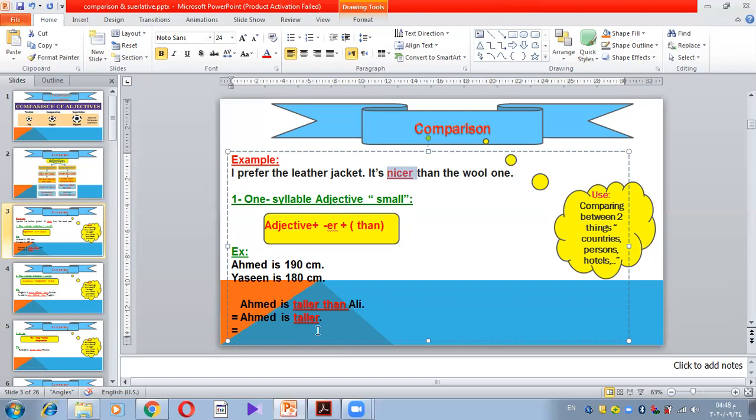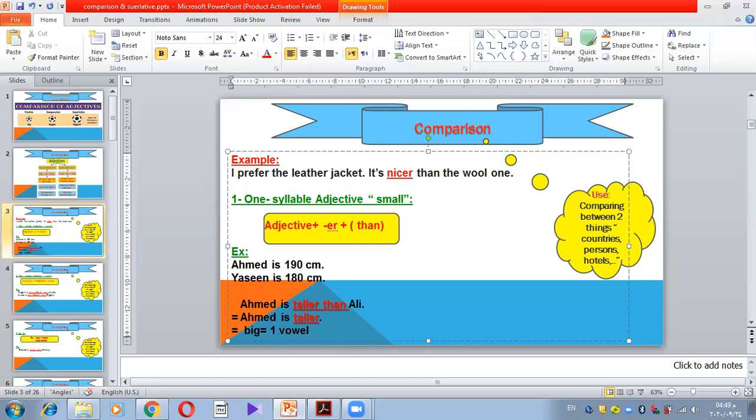So, for example, if I write here the word, let's say, big, this adjective has how many vowels? It consists of a consonant, then a vowel, then a consonant. Okay, very good. So it has one vowel.